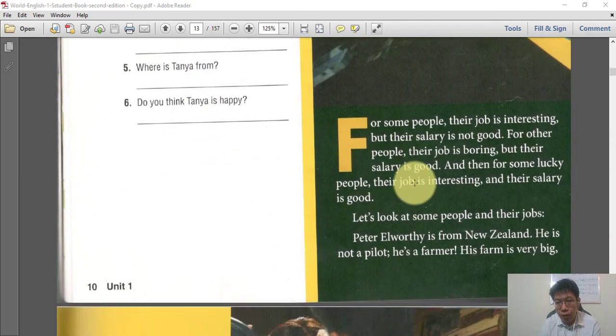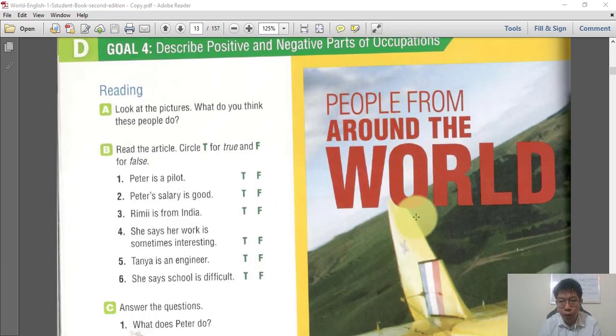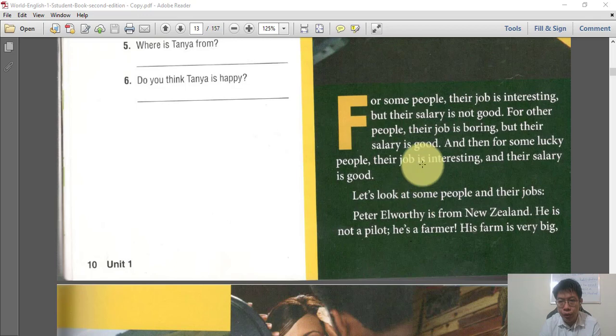Okay, so the reading here talks about people from around the world. So what are they talking about? Read the information here. It's not long, and the vocabulary is not difficult as well, so I don't have to read it for you. You may be able to read by yourself.